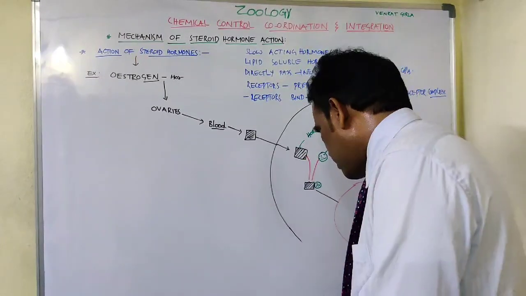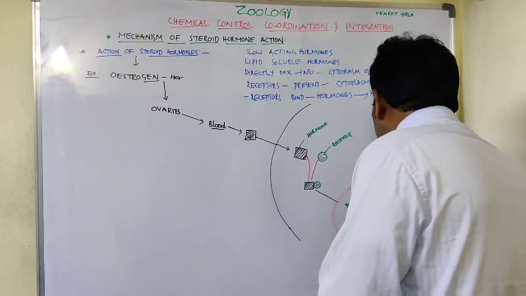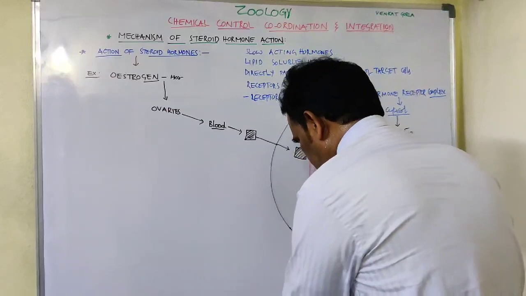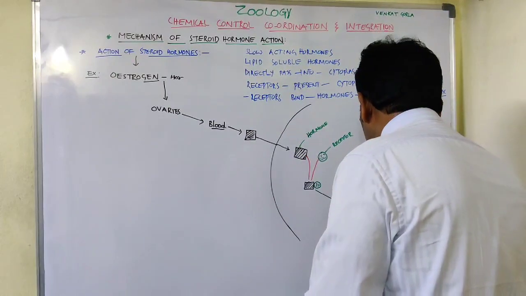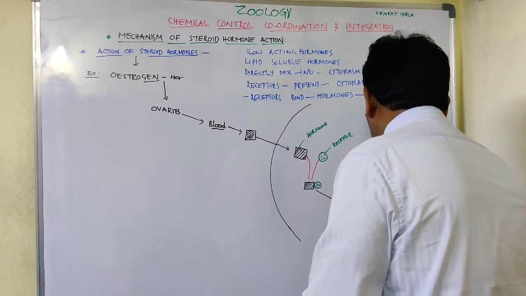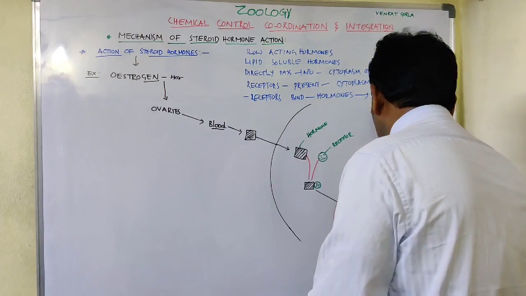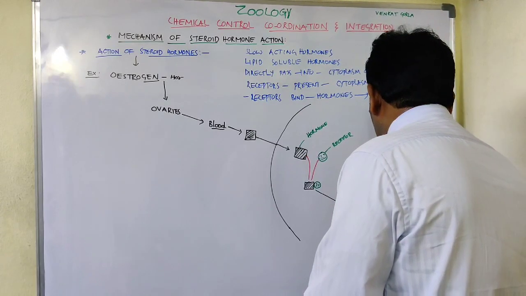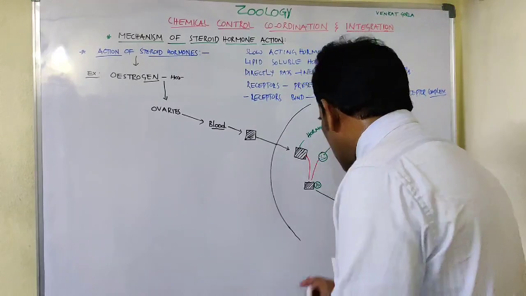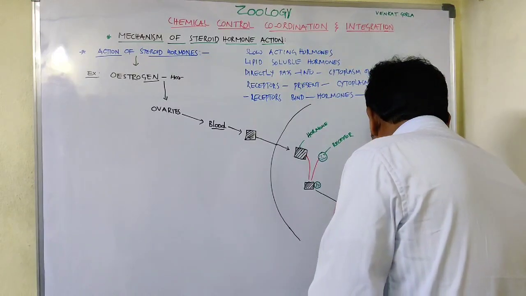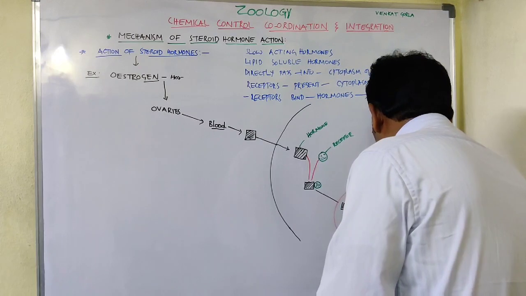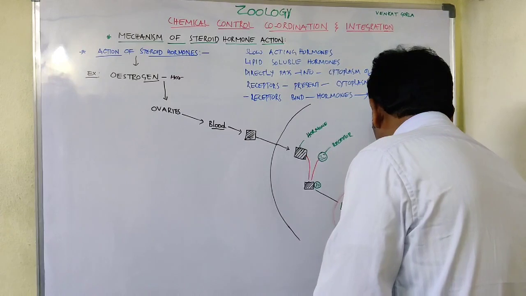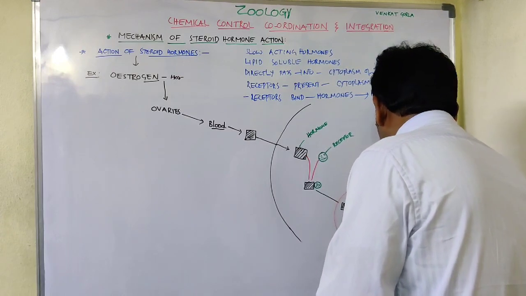What happens in it? The receptor complex comes and binds with DNA, the genetic regulating gene, that means the genetic material.